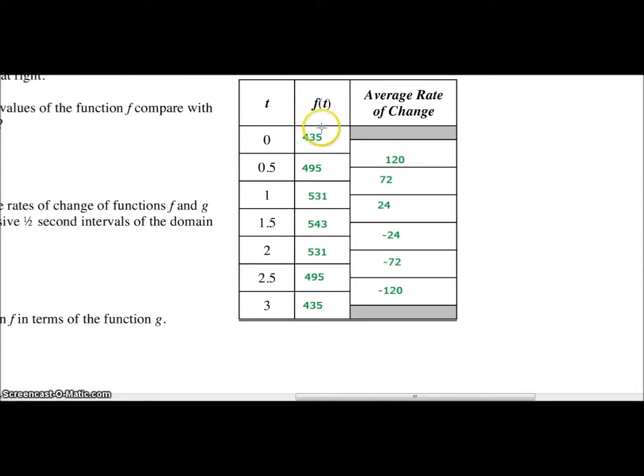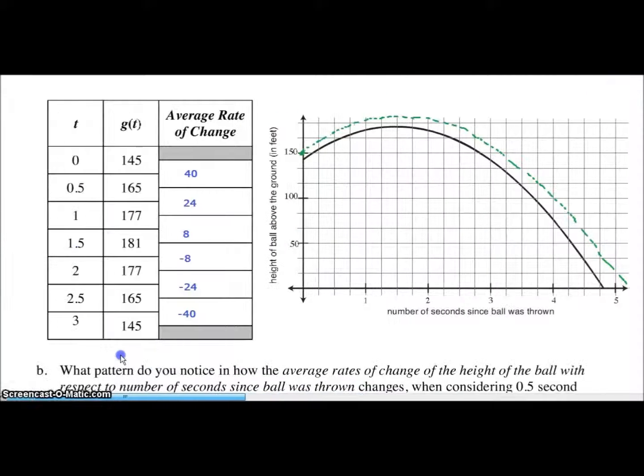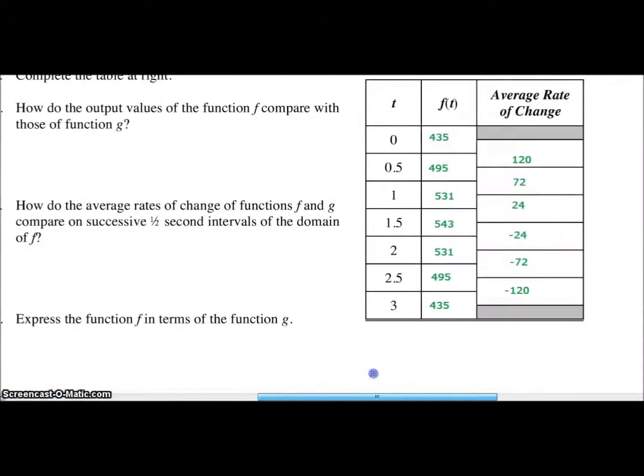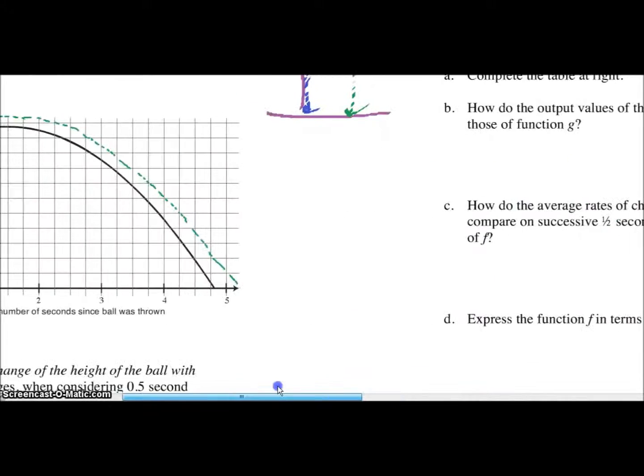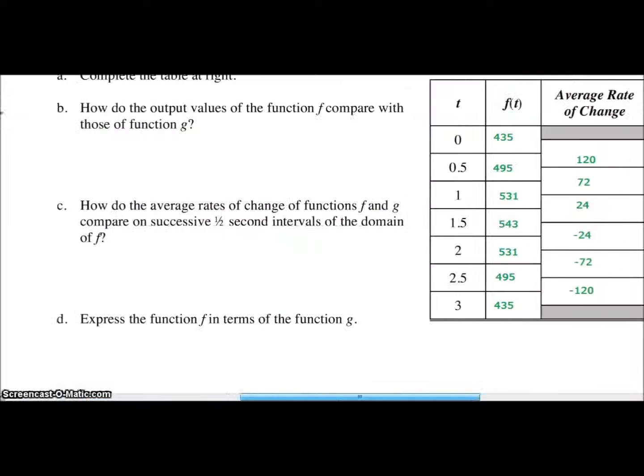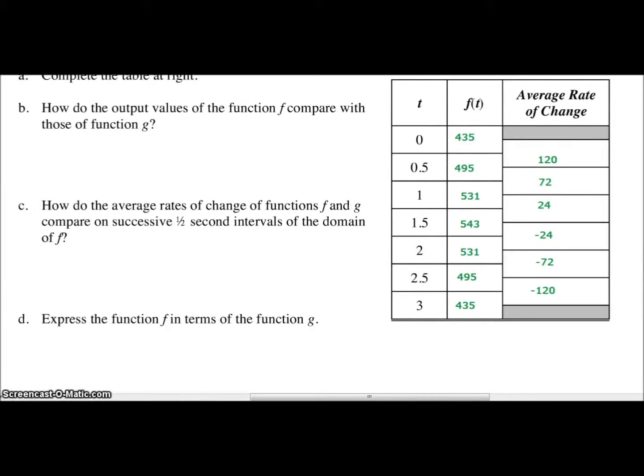See an interesting pattern here. 120 is 40 times 3, 72 is 24 times 3. Then 24 is 8 times 3. Notice that all these rates of change values are just multiplied by 3 to get these over here.